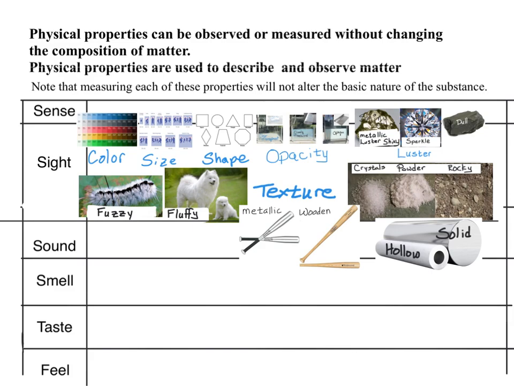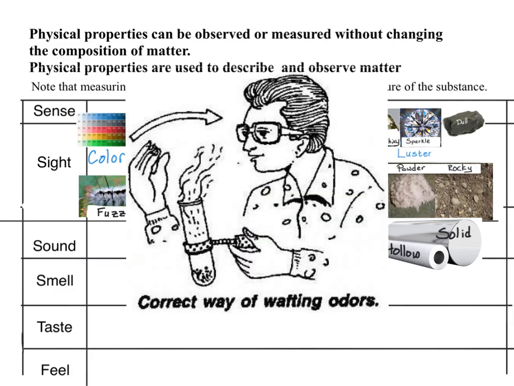With smell and taste, those are generally not used in the chemistry lab for safety reasons. When you are asked to describe how something smells, you'll always be asked to waft the scent towards yourself so that you don't get a blast of it. You definitely don't want to get a blast of rotten egg smell when you're smelling something. And some things may be dangerous, so we certainly wouldn't want you to smell everything.